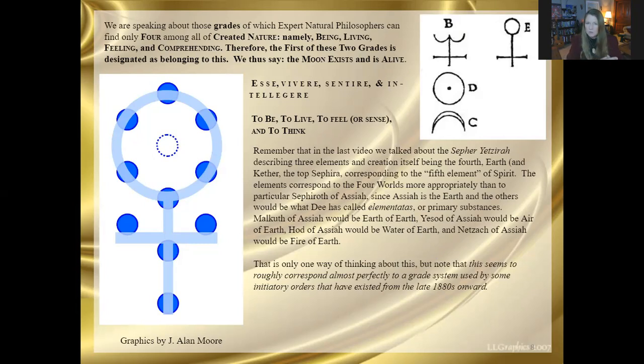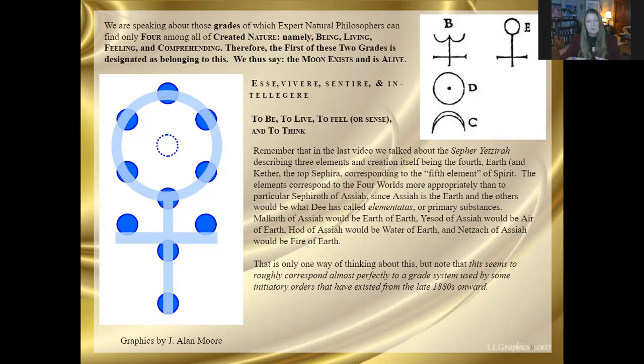Now, that's only one way of thinking about it, but if you're following what I'm saying here, if you are a part of a Kabbalistically based initiatory society, this may just correspond to your grade structure. Imperfectly, yes, the first 2 are not perfect fits. But that system, and here I'm thinking of those that have some origin in the Golden Dawn cipher manuscript, that doesn't go back before the 1880s.